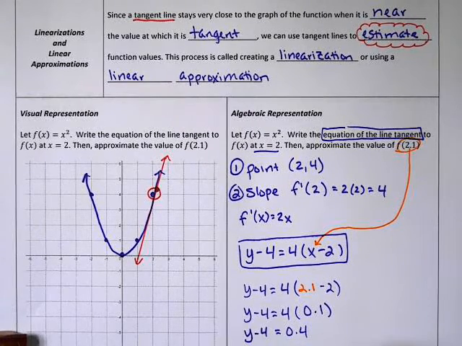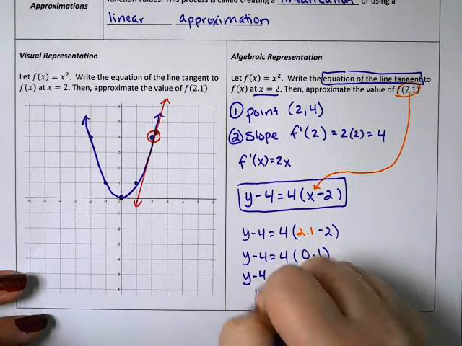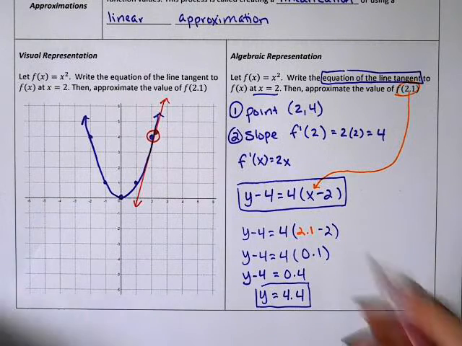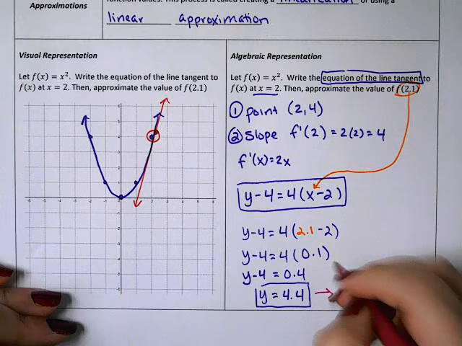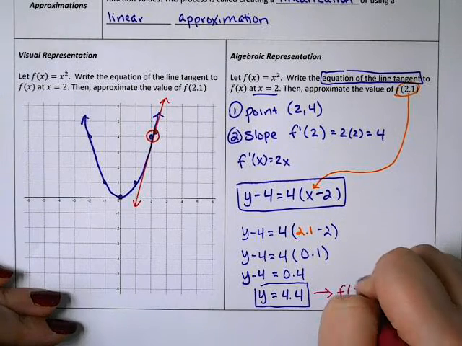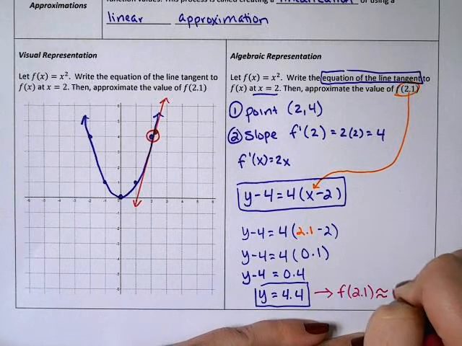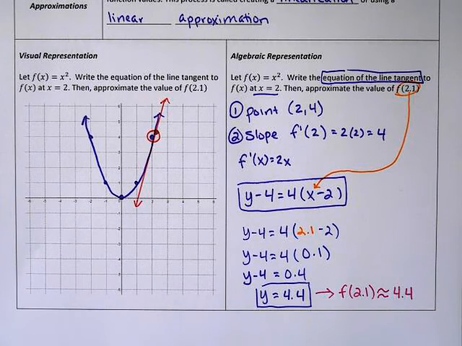Then we can add the 4 over, and we get y is equal to 4.4. Since we plugged 2.1 into the tangent line, what this is really telling us is that f of 2.1 is approximately 4.4. Up at the top, we said that it was equal to 4.41, so we just estimated it to be 4.4. That's pretty close.